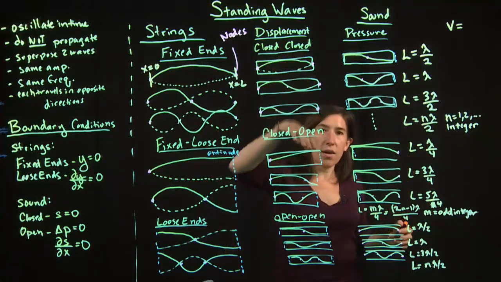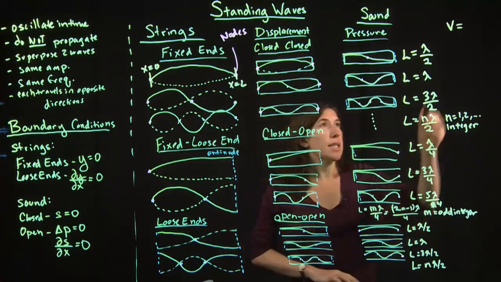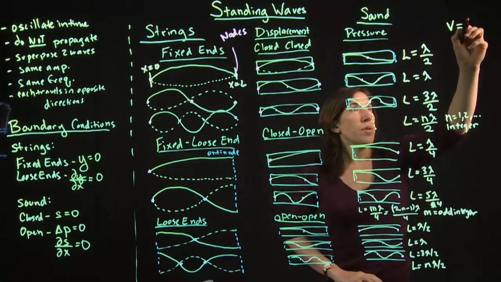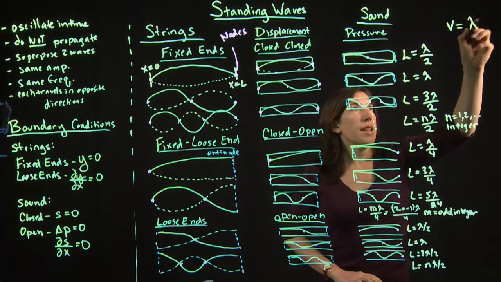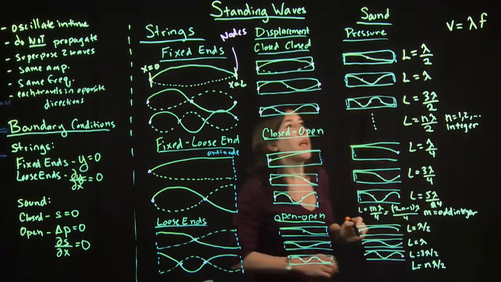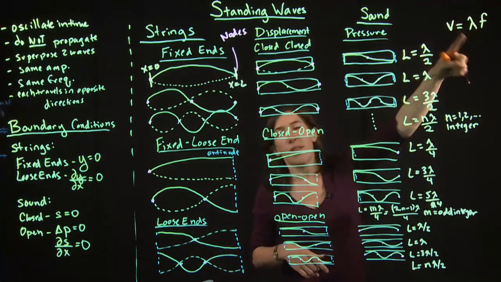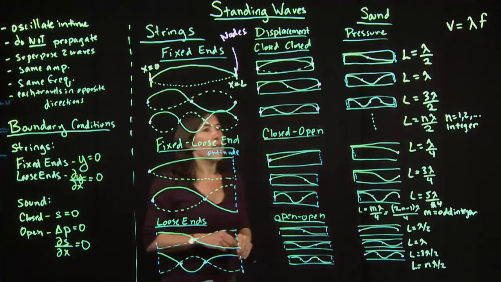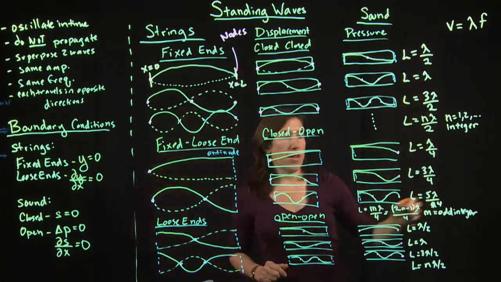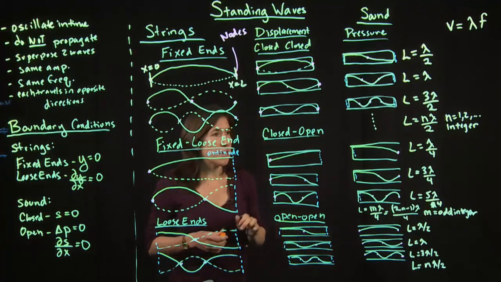Similarly, in the sound pipe, it's the same sound, so the velocity is the same. That's equal to the wavelength times the frequency. And so you can solve for f by simply solving for lambda and then plugging that into here. And then you can solve for the allowed frequencies.